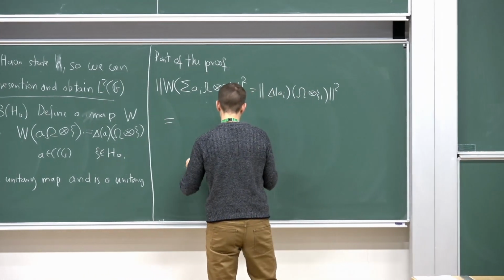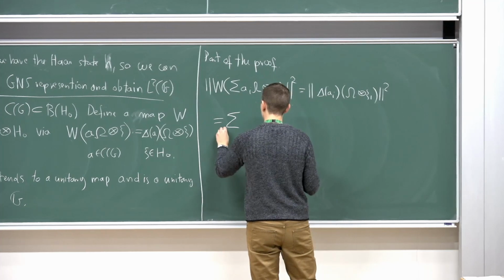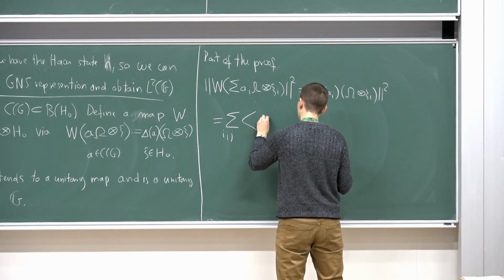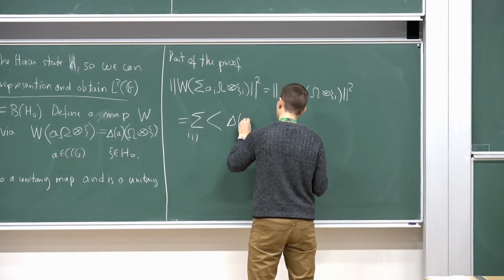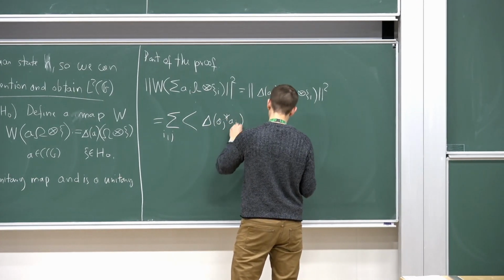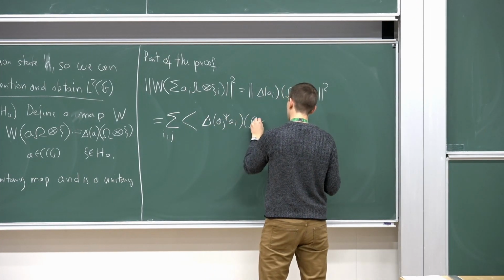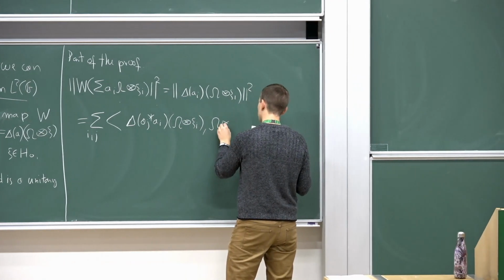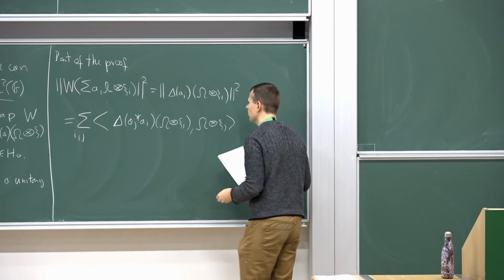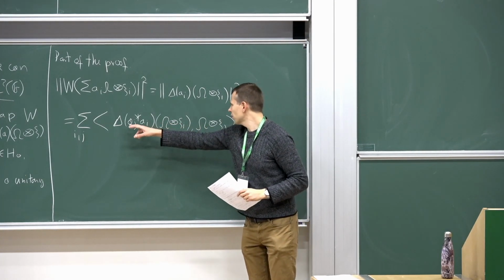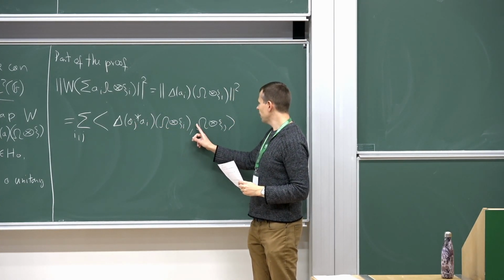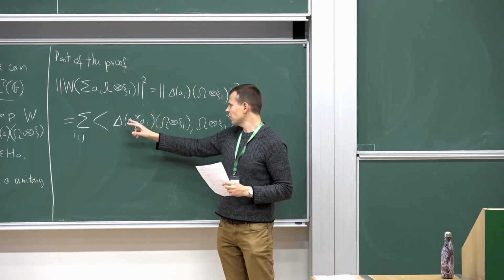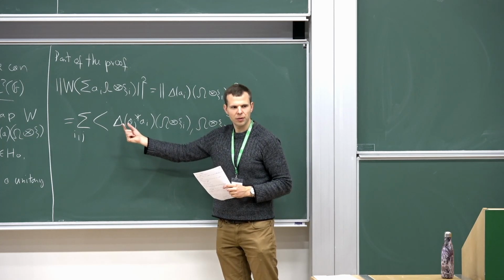So this is a sum over now two indices. For the inner product, we have delta of A_j star A_i omega tensor psi_i, omega tensor psi_j. We had this delta of A_j star on the right side, but we used the fact that this delta is a star homomorphism, so we moved it to the other side of the inner product.